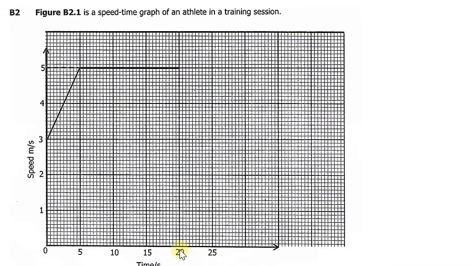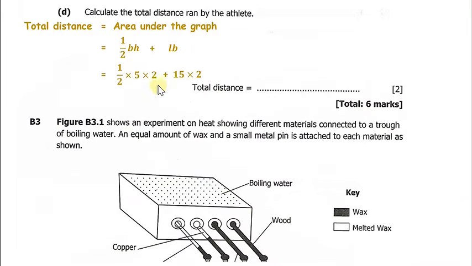Or you can say 20 minus 5, we remain with 15. Then the breadth is 2, as already indicated. So everything, if you evaluate, you get 35 meters.